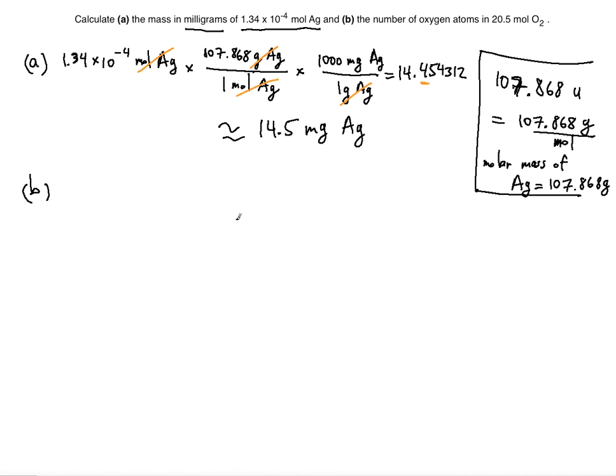Okay, now the second question, the number of oxygen atoms in 20.5 moles of O2. Now this is a little bit more tricky. So we need to find the number of oxygen atoms.